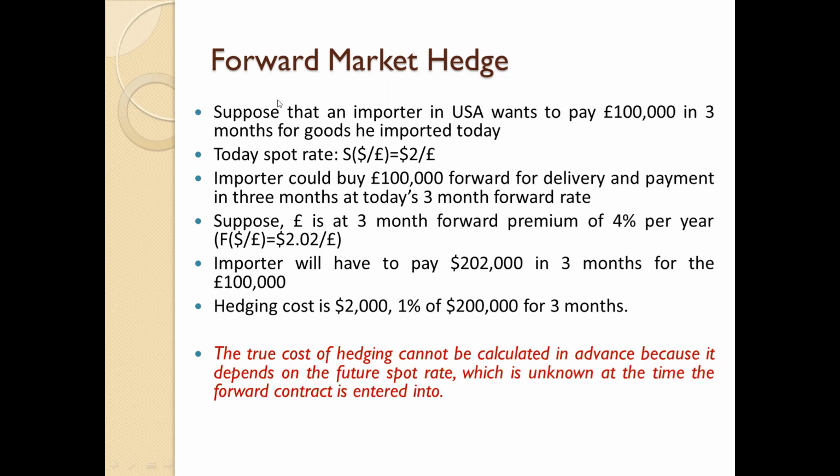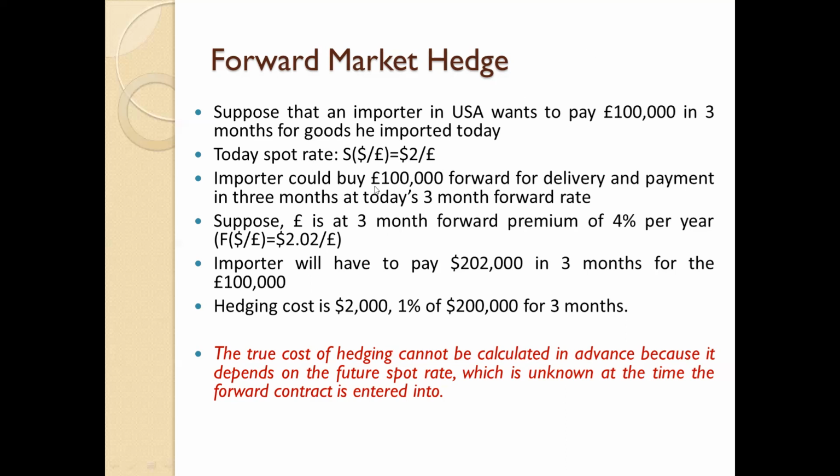Right. So suppose an importer in the USA wants to pay 100,000 pounds in 3 months for a good he imported today. That is the same thing we know. And today's spot rate is given as $2 per pound. Right?